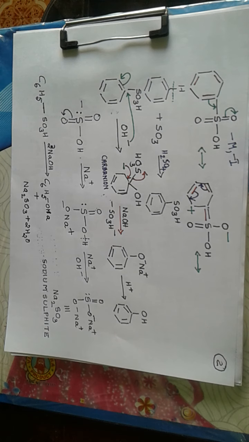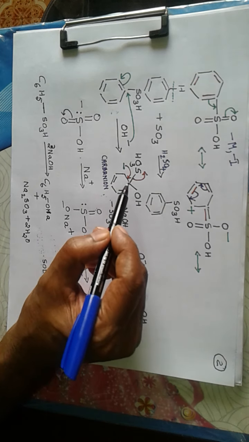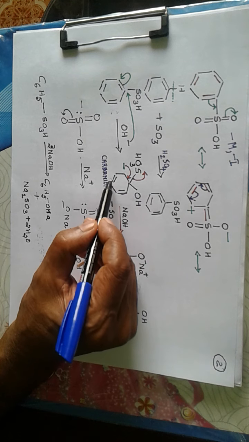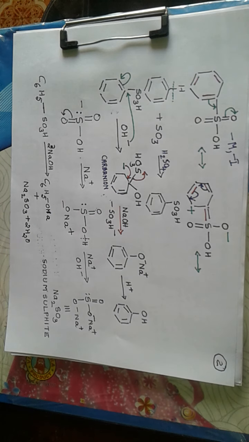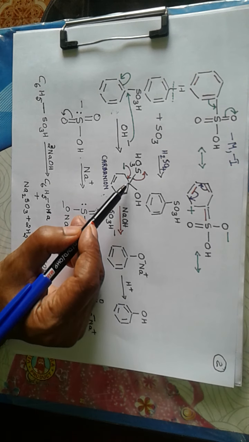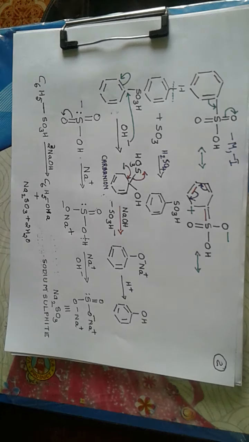Now the intermediate, this is a carbanion intermediate, is not so stable as the benzene ring system, so this will show a tendency to get converted into the benzenoid structure. Now for that, this carbon should eliminate one of the groups.